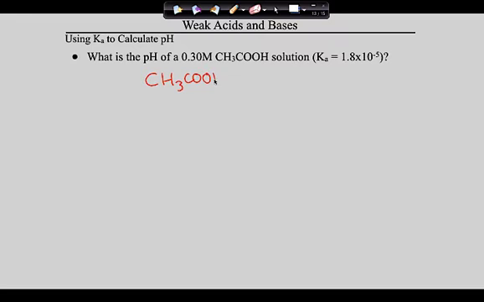CH3COOH. I'm going to write the conjugate base first. You'll thank me in chapter 17, and then the protons. Now guys, we set up our icebox.